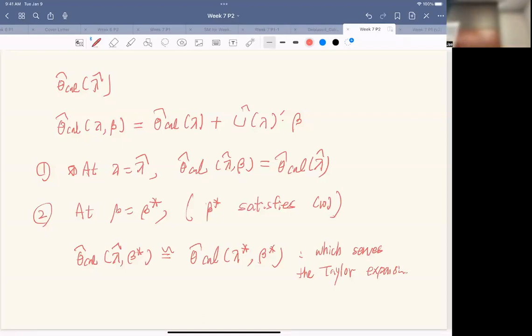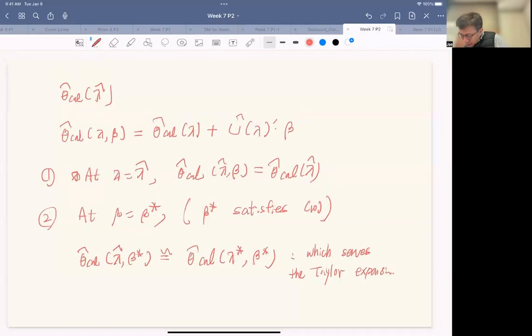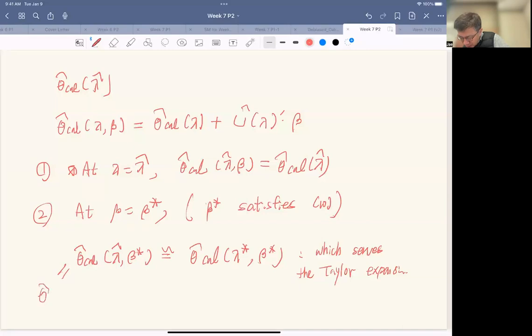So this one is already linearized. So by 1, you have this equivalent.